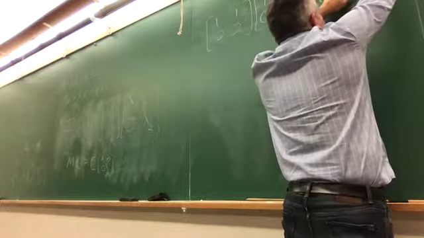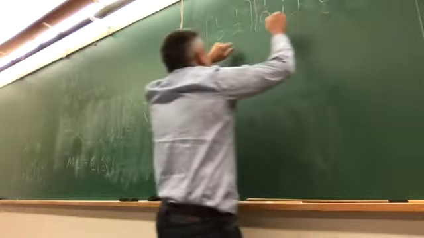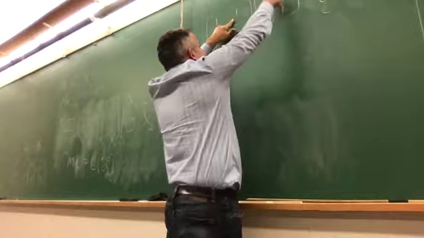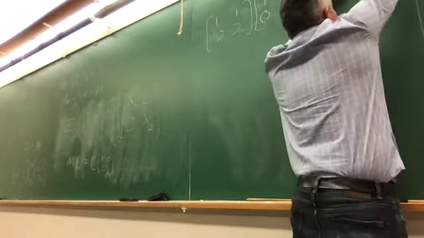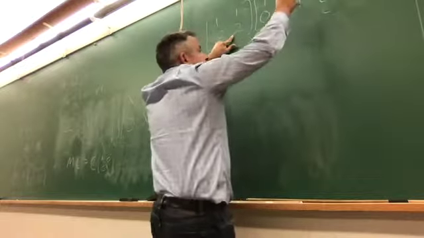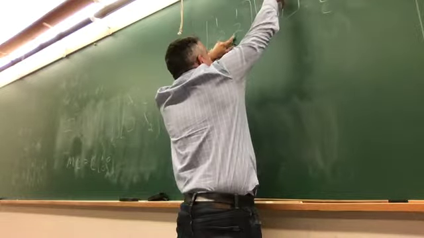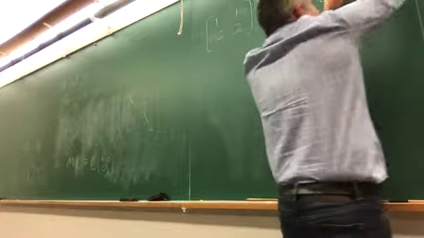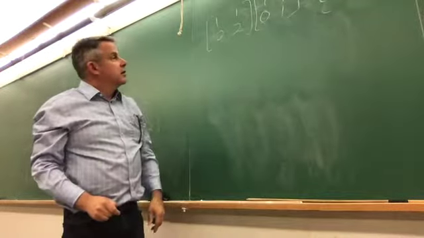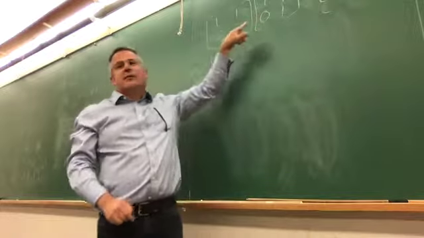On that one, I get 0, 0. On this one, I get 1 plus 1 is 2. On this one, I get 0, 2. On this one, I get 1 plus 2. On this one, I get 0 plus 2. I said it wrong, but I did it right on this side.